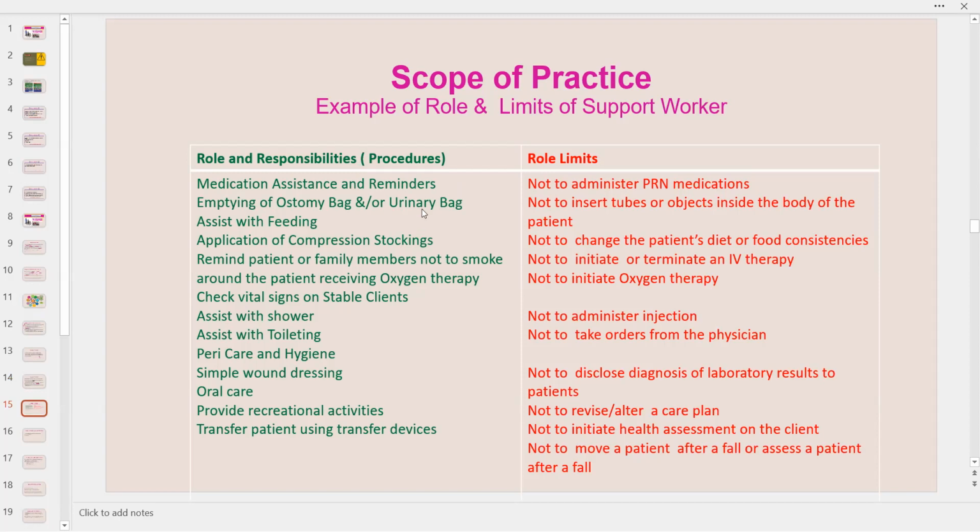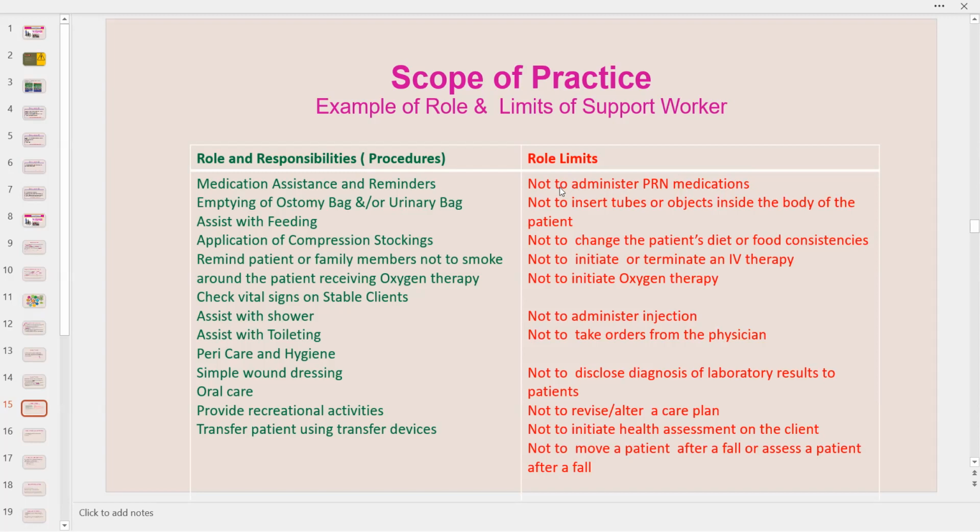Emptying of ostomy bag or urinary bag, assist with feeding, application of compression stockings, remind patients or family members not to smoke around the patient area who is receiving oxygen therapy, check vital signs on stable patients only, assist with shower, assist with toileting, do pericare and hygiene, simple wound dressing, oral care, provide recreational activities, and transfer clients or patients using a transfer device.